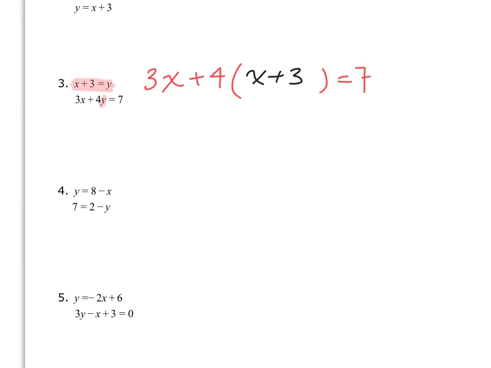So now all my variables are the same, they're all x, but I'm going to distribute so that I can solve. So now I've got 3x plus, and I have 4 times x is 4x. 4 times 3 is 12, is equal to 7.